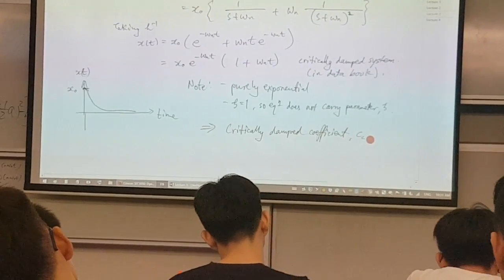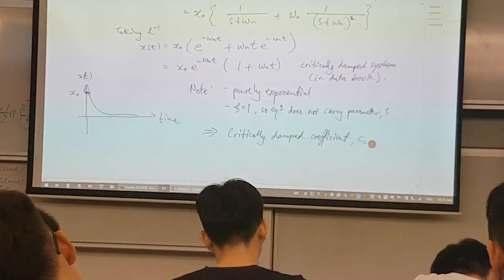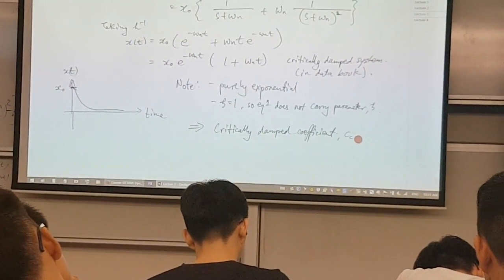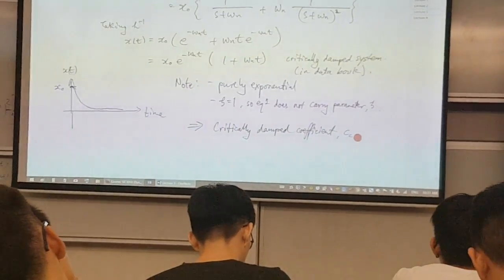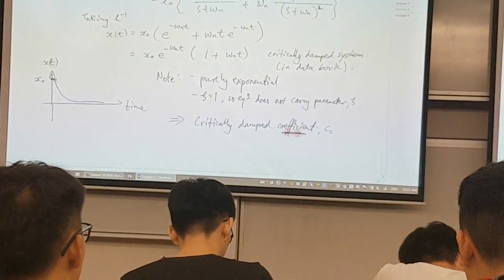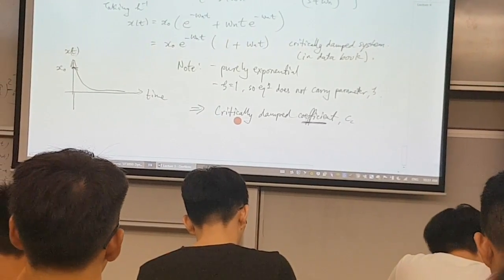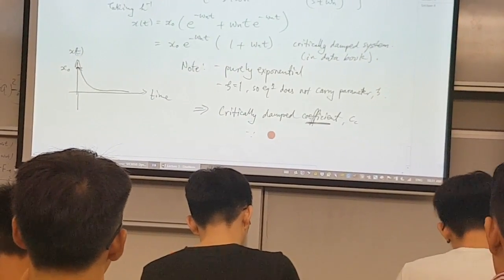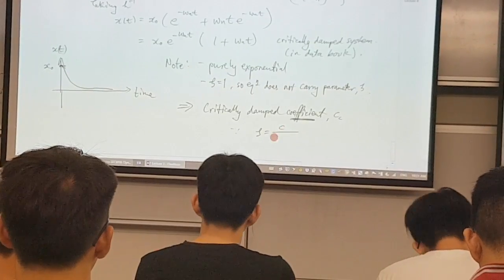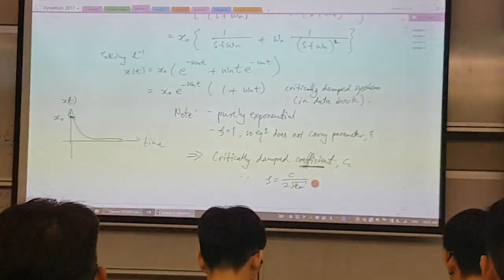Just now zeta is called your damping ratio. I'm talking now about damping coefficient, in this case the critical one. So we know that zeta is equal to C over 2 square root km.